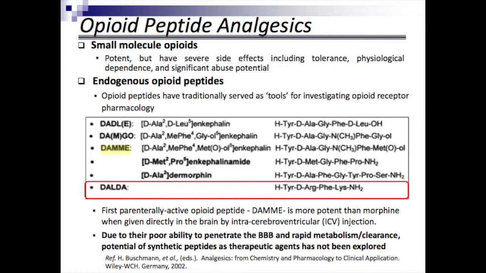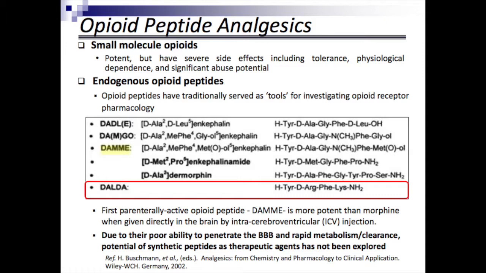If you look at some examples of opioid peptides that have been tested as tool compounds, DAMME is one of those, and then DALDA is the one we have worked with. The DALDA peptide, when administered using an invasive method in mice, was shown to be as good, both DALDA and DAMME, as good as morphine in terms of potency.